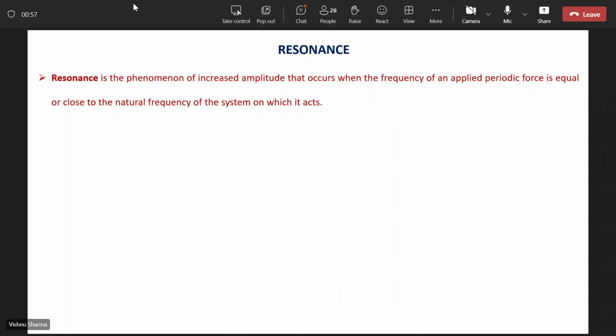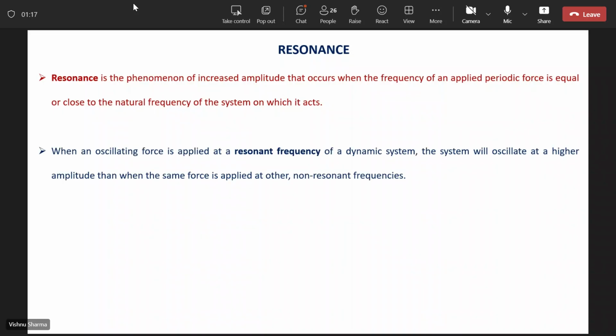You have heard this word in school also. Resonance is the phenomenon of increased amplitude that occurs when the frequency of an applied periodic force is equal to or very close to the natural frequency of any system.